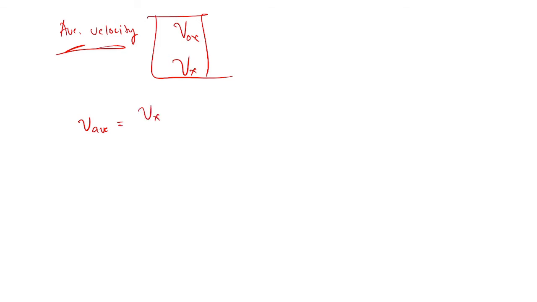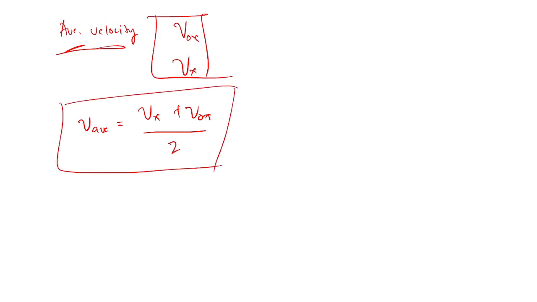Okay, so if you have two values of your velocity wherein you have an initial value which is v not x, and you have your vx, you can actually compute for the average velocity. So by average velocity, you just need to average these two out. Since you have two quantities here, our average velocity will actually be equal to our vx plus v naught x over 2.